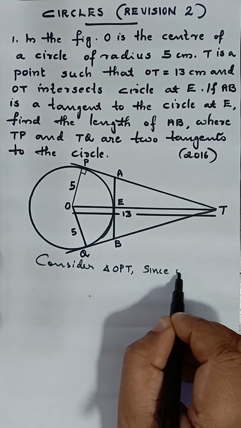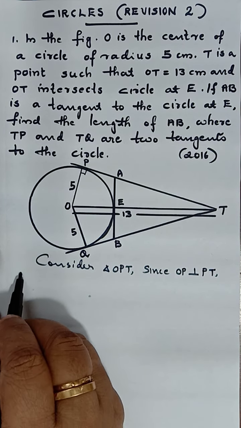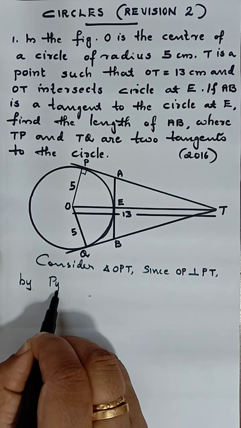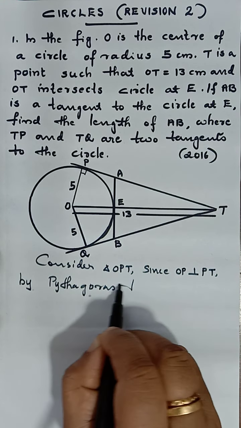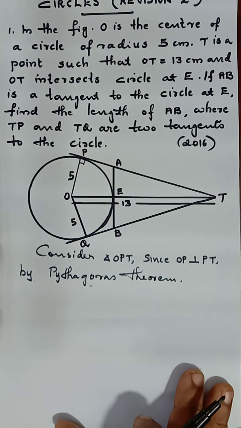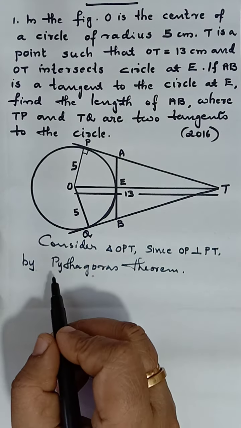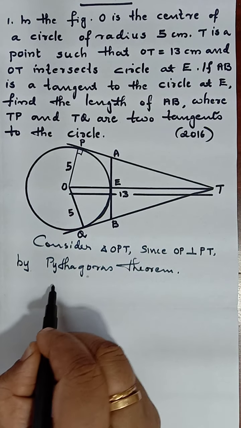Since OP is perpendicular to PT, by Pythagoras theorem, we can find out what is PT. How do we do that? We will write it as, right angle's opposite side is the hypotenuse.